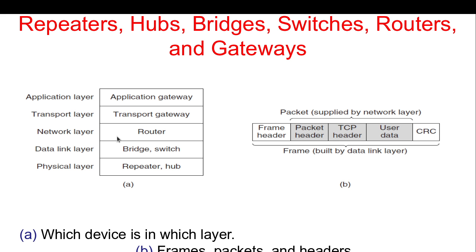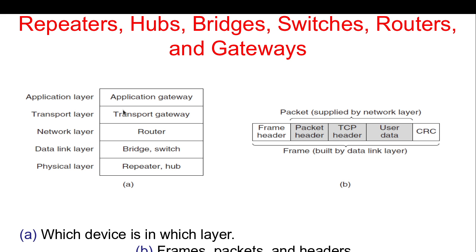We'll next see the network layer, where a device called a router is used to route the packet arriving from one network process to some other network process on some different machine. So the router is used in the network layer. Now there are different gateways.